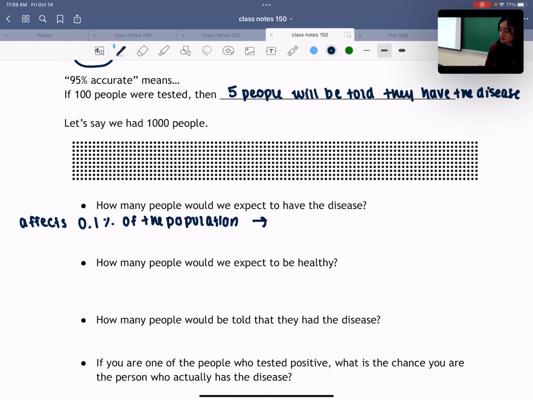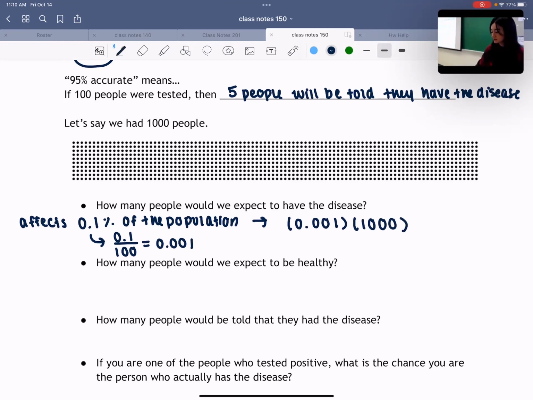To change a percentage to a decimal, what do we need to divide by? 100, and that gives me 0.001. So if I wanted to figure out how many people actually had the disease, it would be 0.001 times the amount of people in the population, which is 1,000.